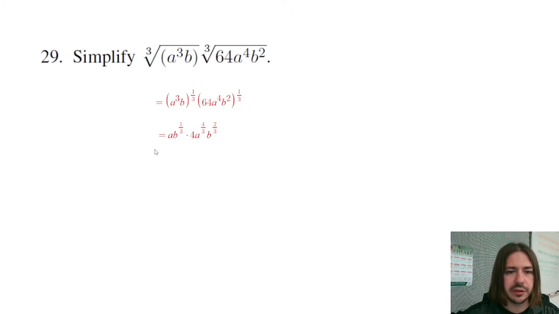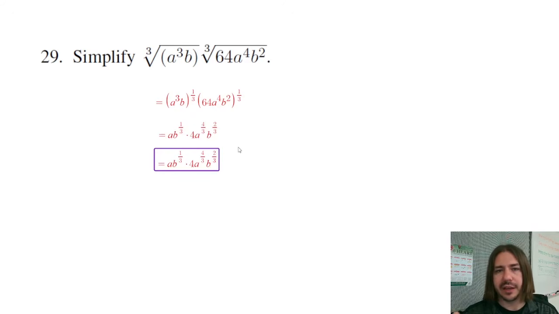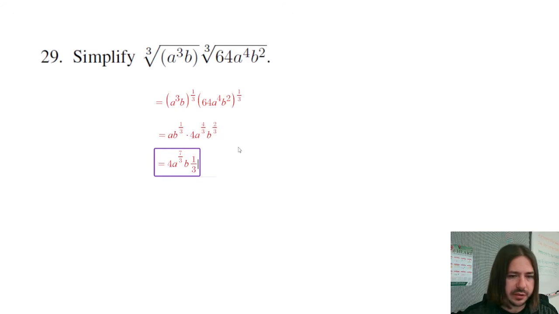The last thing to do here is to combine the like variables. I'm going to use the commutative property and move that 4 out to the front. And then here I've got a, which is a to the first, times a to the 4/3. 1 plus 4/3 would be the same as 3/3 plus 4/3, so this is going to be 7/3. And then 1/3 plus 2/3 is just 1, so this is just going to be times b.